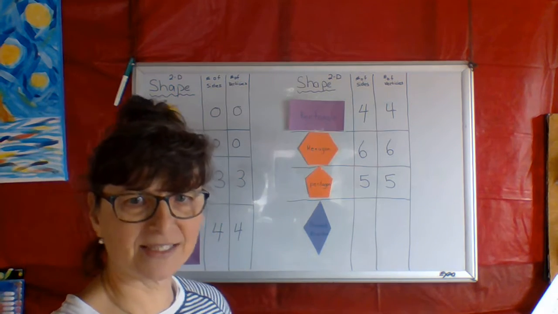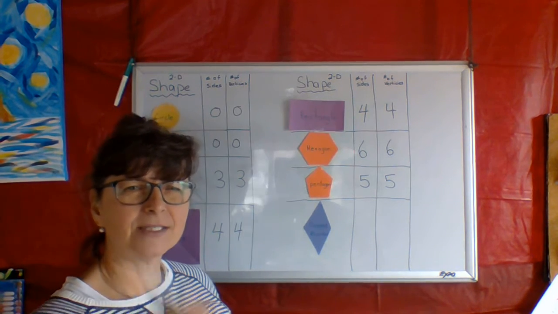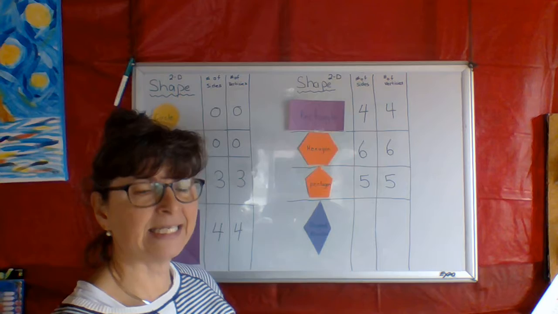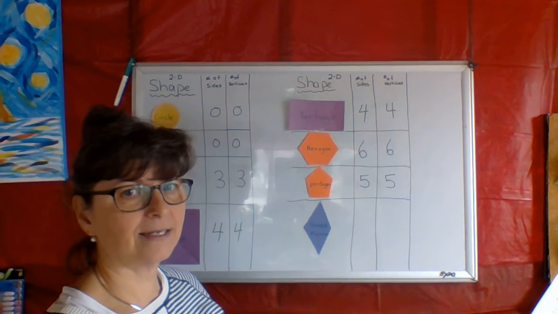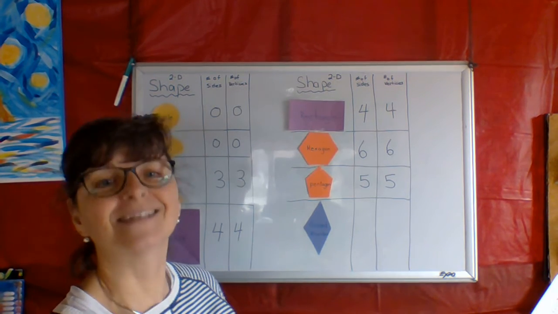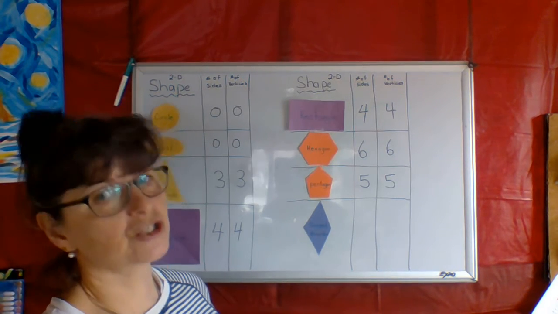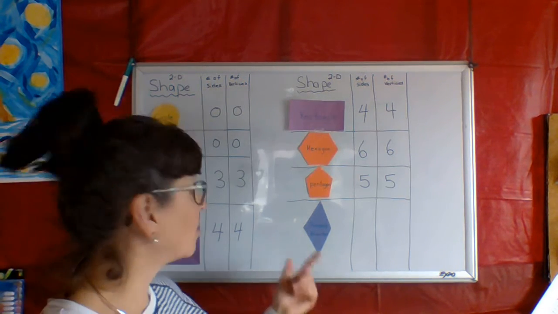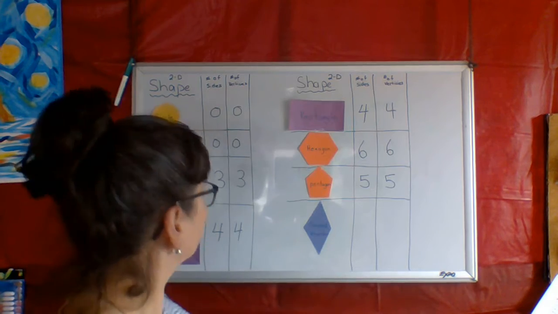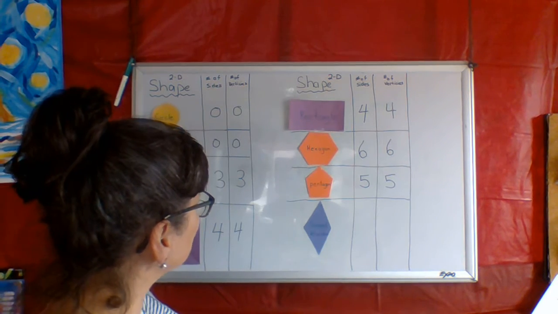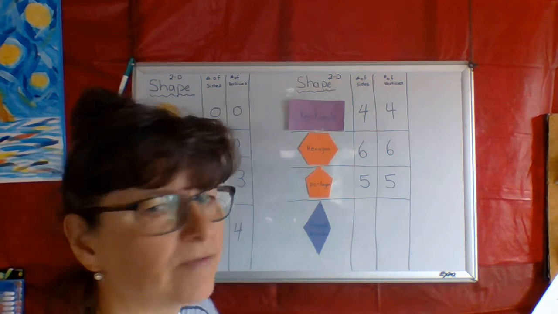And our last one has 2 names. The easy name is called, you got it, started with a D, diamond. But the more traditional name, the math name, it's called a rhombus. This looks interesting. Let's count the sides and vertices.